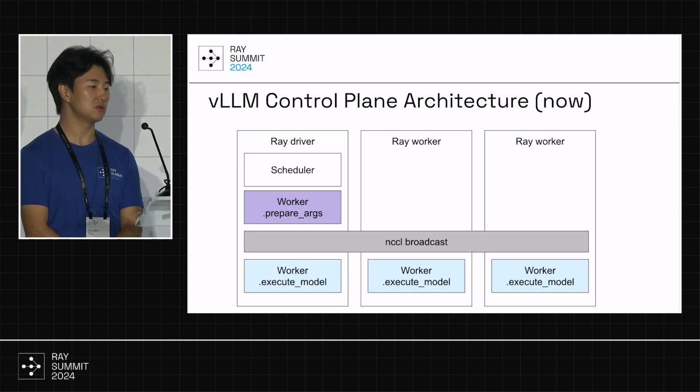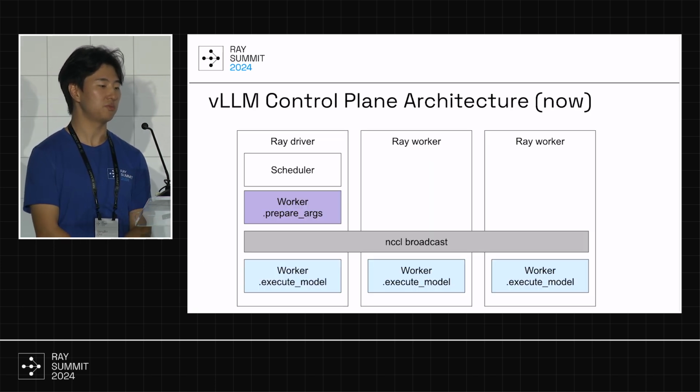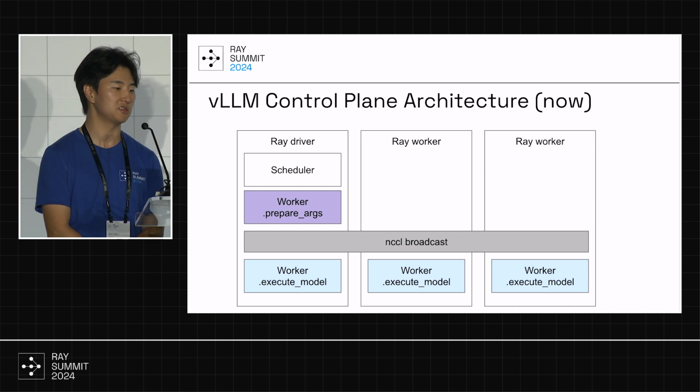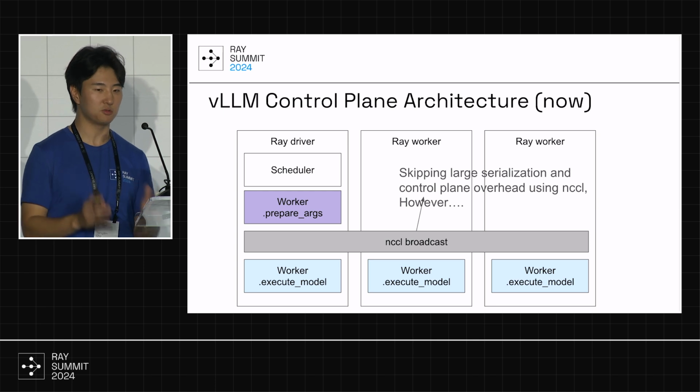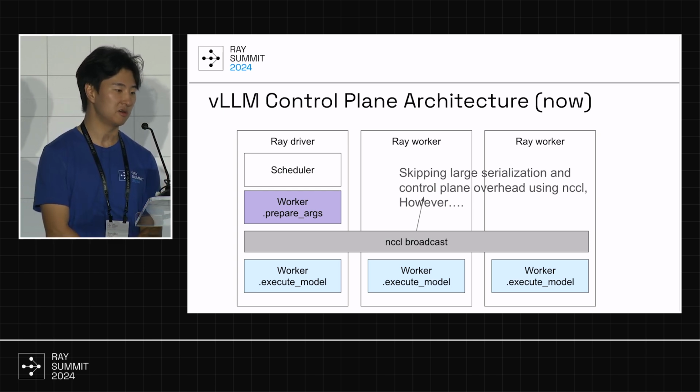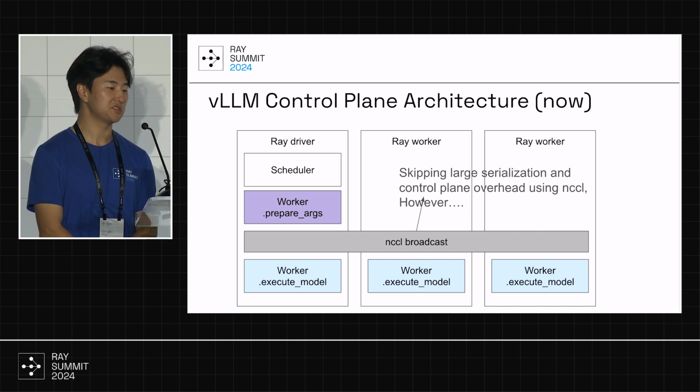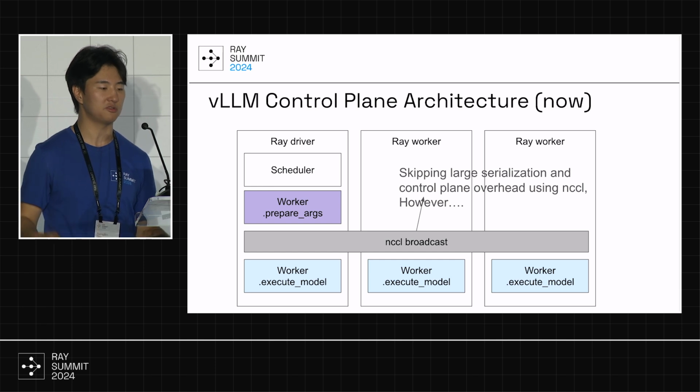So vLLM re-architected the control plane to use NCCL broadcast instead of Ray here. So basically how it works now is that your first worker, the rank 0 worker, coexists in the driver. So in this case, the scheduler moves the data to the GPU, and then the data that's moved to the GPU is transferred through NCCL.